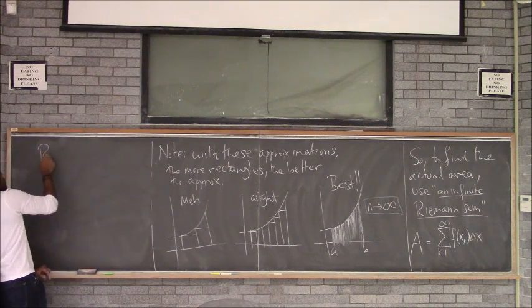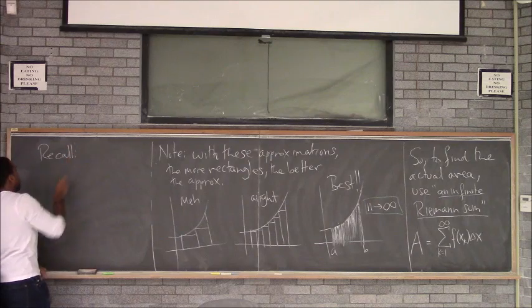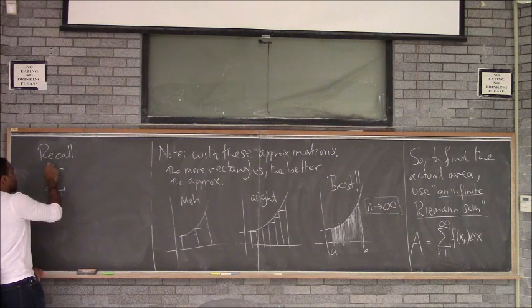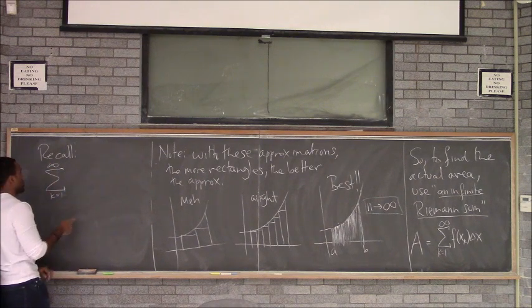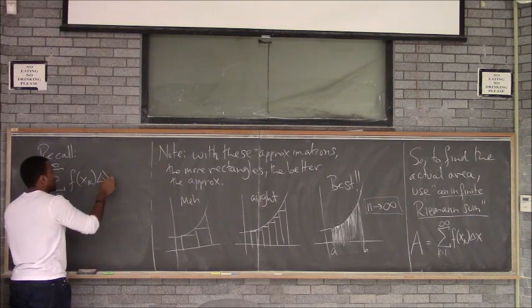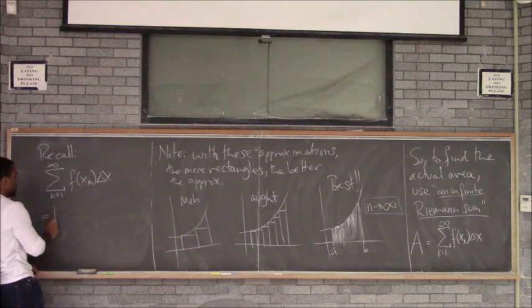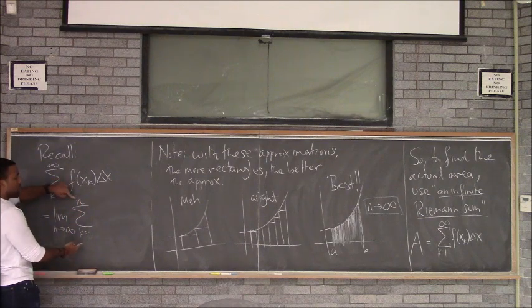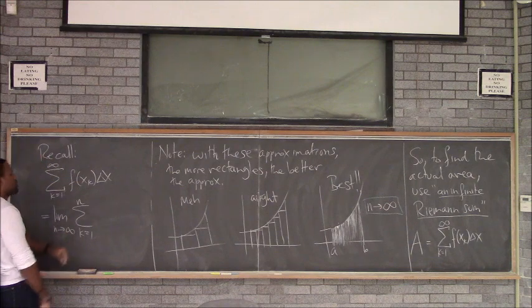Recall, when we write the sum from, it's not actually going to matter where we actually start. We're using an infinite number. That is actually equal to the limit as n approaches infinity of the sum of the first n terms, and then you just keep making n bigger and bigger and bigger.